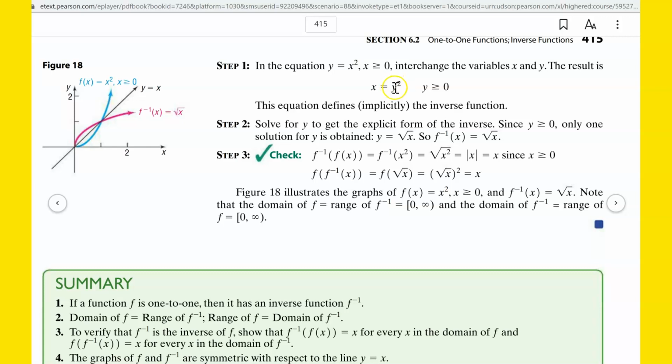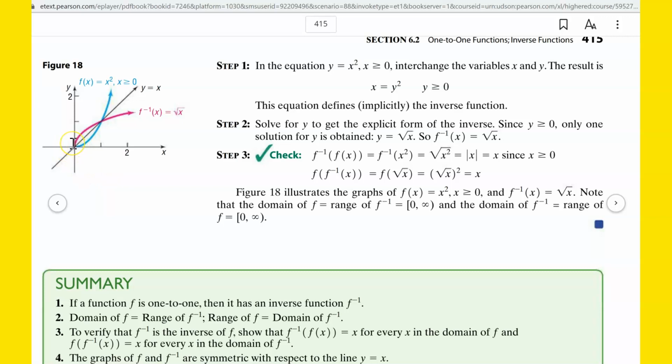When you do, you would get y on the left and the square root of x on the right. You'd actually get plus or minus the square root of x, wouldn't you? But it said to restrict it to where x is greater than or equal to 0. So f inverse for that would just be the positive square root of x.